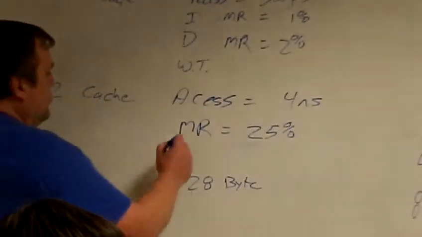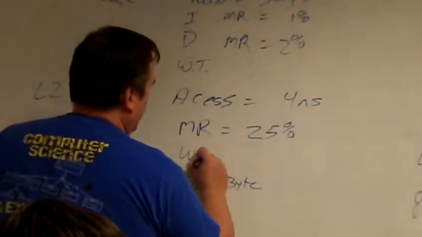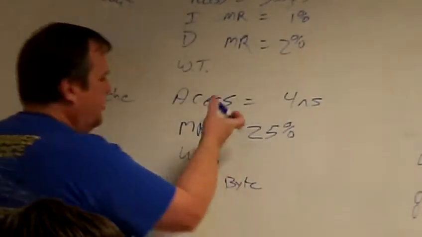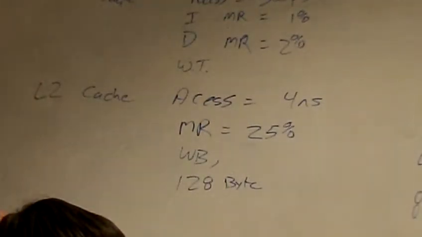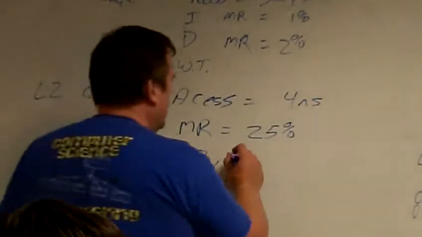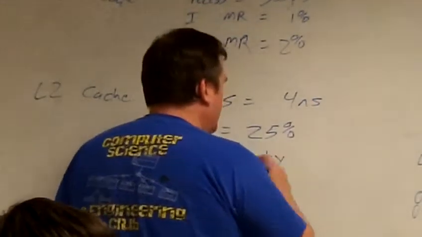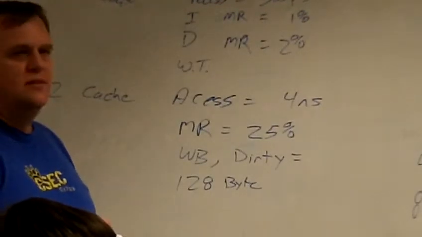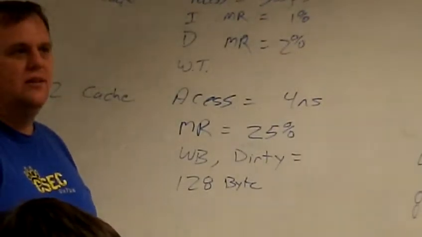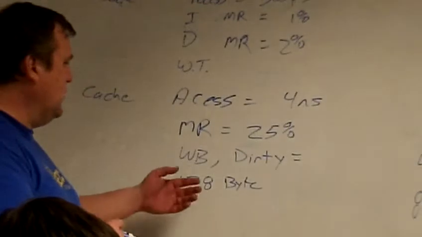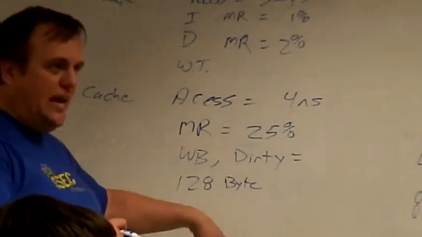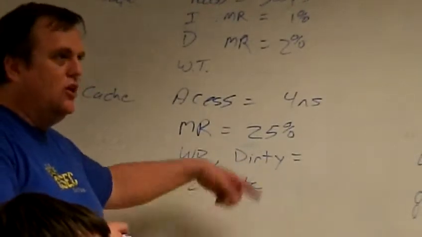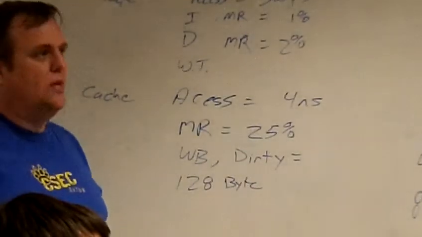Okay, so this one is going to be a write-back cache, which means it has another percentage I have to tell you. Dirty. What does dirty mean? It tells the validity of the cache content. It means that I have updated the cache. I haven't updated RAM for that spot yet. So if you eject it, you're going to have to update RAM.